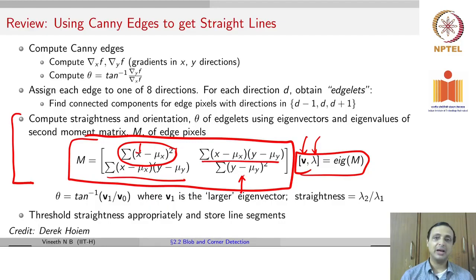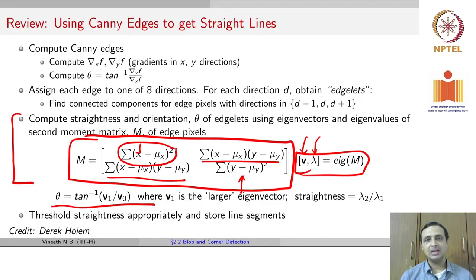Remember, the eigenvector corresponding to the largest eigenvalue will give you the direction of the maximum variance among these pixels, and that's what we are looking for. So we finally decide that the orientation of the edgelet is going to be given by tan inverse of V1 by V0, where V1 is the larger eigenvector. By larger, we mean the eigenvector corresponding to the larger eigenvalue.